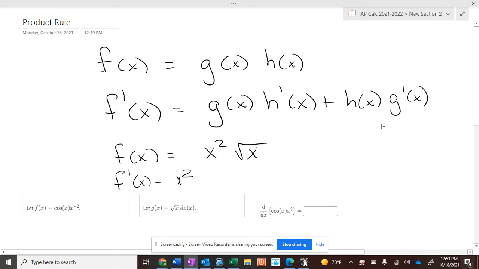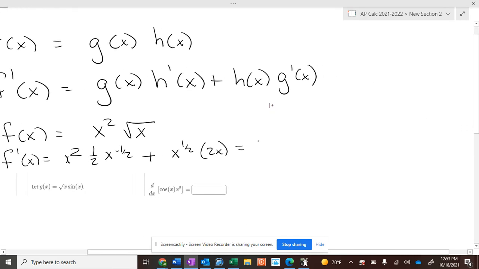Yeah. So it's x to the 1/2. So the first derivative is 1/2 x to the negative 1/2. And then we're going to add on to that x to the 1/2, because that's what the square root of x is, times the first derivative of x squared, which is 2x. Now let's simplify that bad boy.